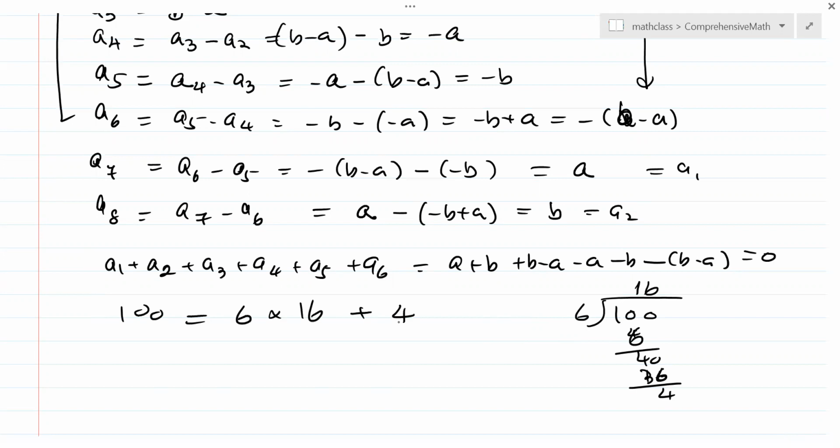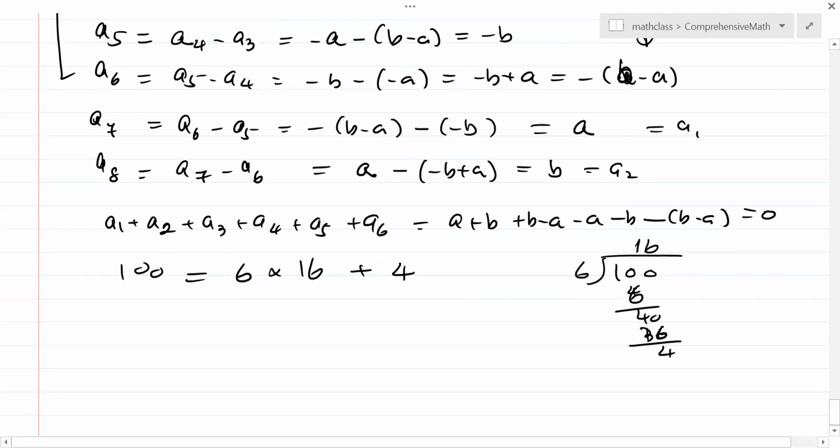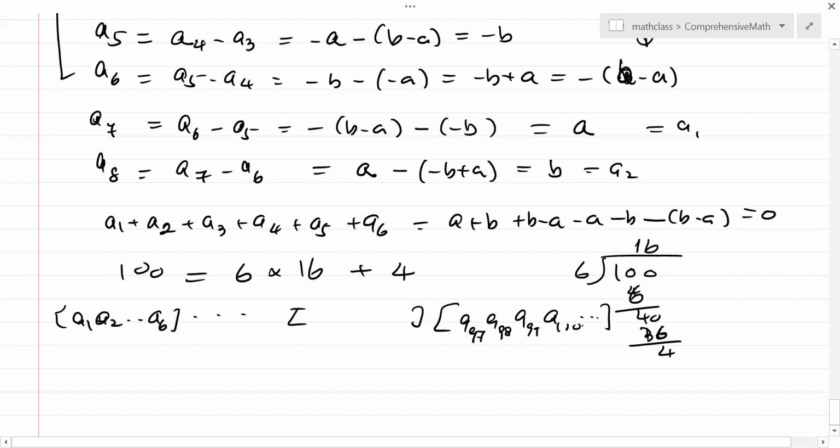If you list the 100 terms, you get A1 through A6 as one group, and keep it going, and the last group is only partial. It only contains 4 more numbers.